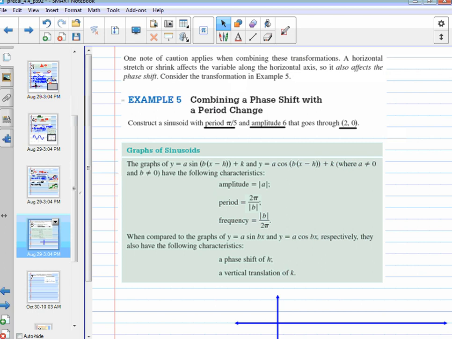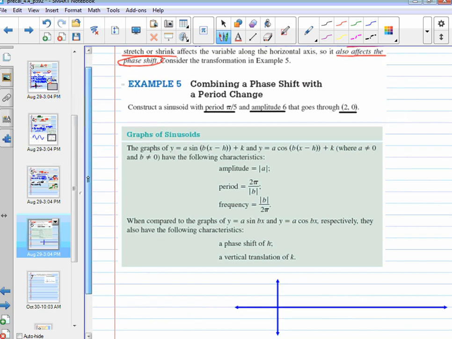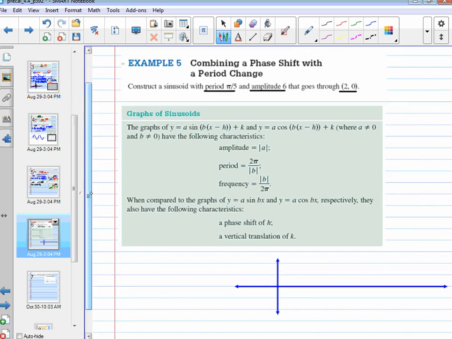Applications. It says one note of caution applies when combining these transformations. If I have a horizontal stretch or shrink, it's working along the x-axis, which also affects the phase shift, which is working on the x-axis. So if I have both of those going on, then I need to be careful how I write it.